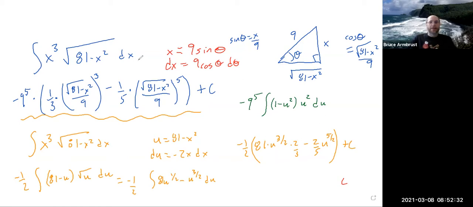So it turns out this one doesn't need trig sub. But if you didn't see that, that's not the end of the world. I just wanted to point it out because I think this one was a little faster if we just do the one substitution. It's good to be able to recognize that, but if you don't, it's not the end of the world, because trig sub will get you there.